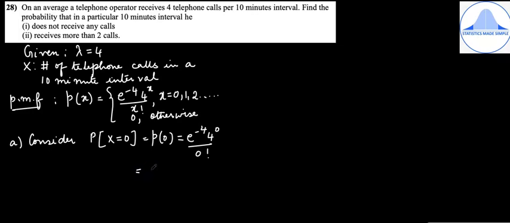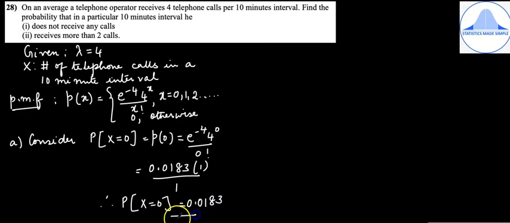So e to the power minus 4 is 0.0183 into 1 divided by 1. So the first answer is probability of x equal to 0 is 0.0183.